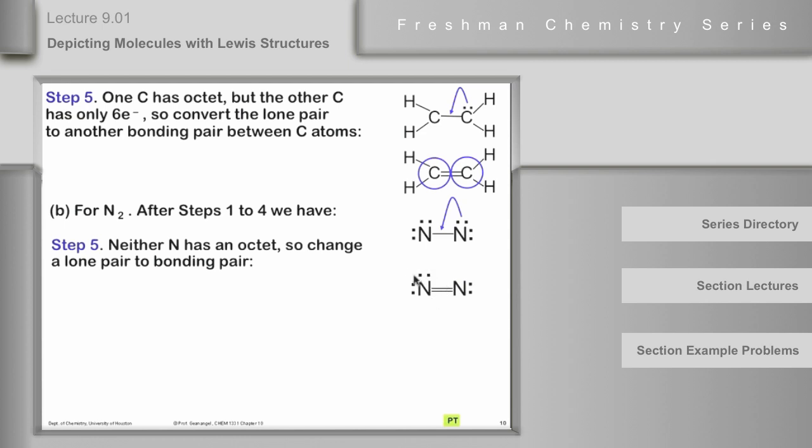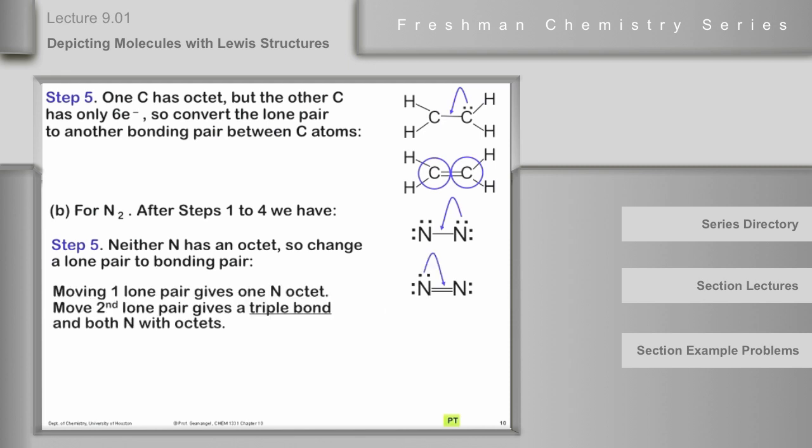Now the nitrogen on the left is smiling. I'm sure you can see that. It has 2, 4, 6, 8 electrons around it, and no problems there. But this nitrogen here has a severe headache. It only has 6 electrons, and it can't stay that way. So we're not done yet. We have to keep going until everybody has an octet who needs one.